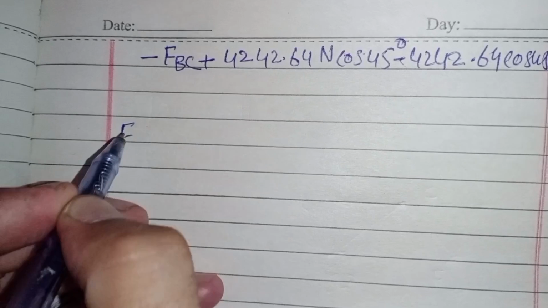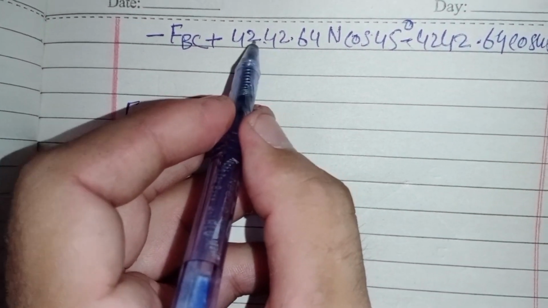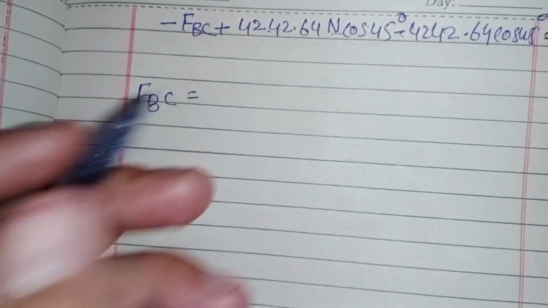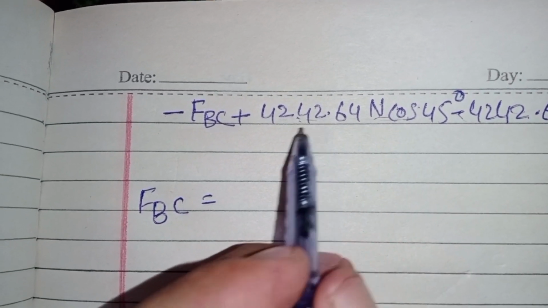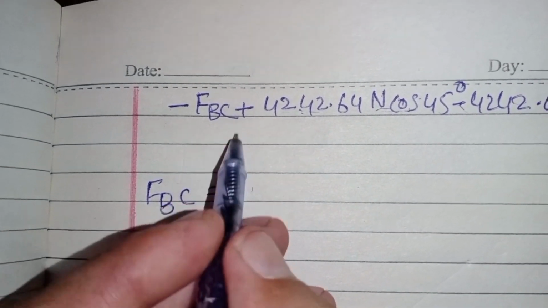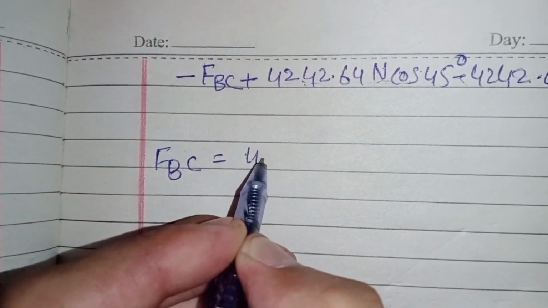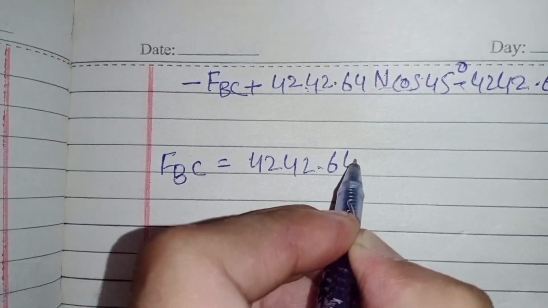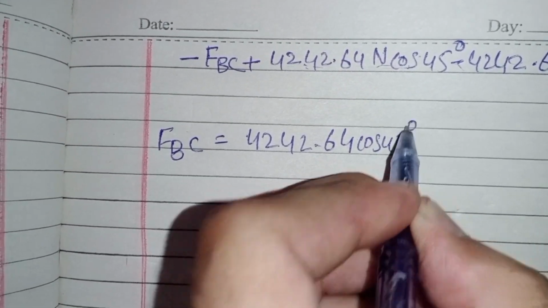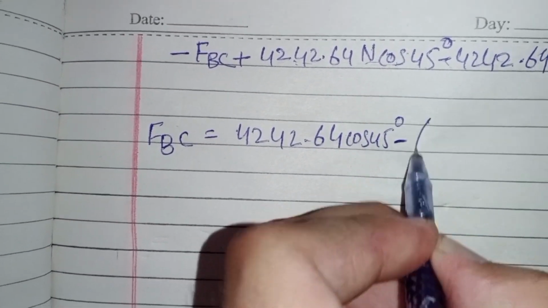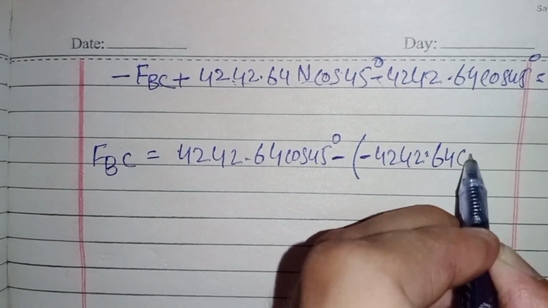Okay, so FBC equal to 4242.64 cos 45, if you calculate this, I move it to the right side. Okay, so 4242.64 cos 45 negative, and also negative 4242.64 cos 45.